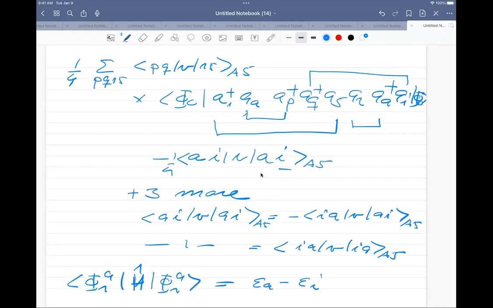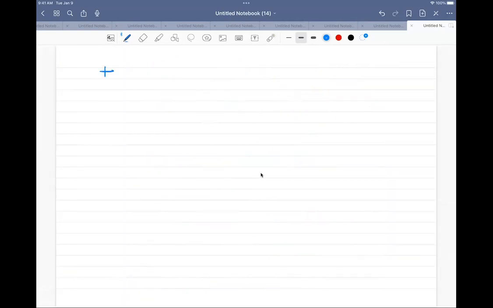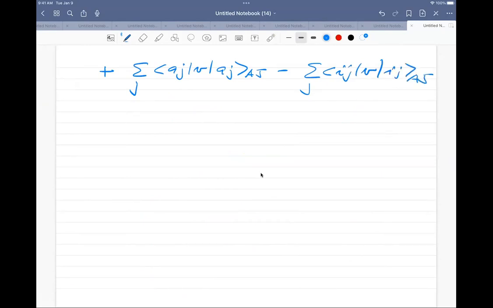I will get this additional term plus, and then I have a sum over J, and then I have my <AJ|V|AJ> anti-symmetrized, minus, and then I have my <JI|V|IJ> anti-symmetrized. And then finally, and now I'm just using the matrix element with a plus sign, and then I have an <IA|V|IA> anti-symmetrized, plus the reference energy.